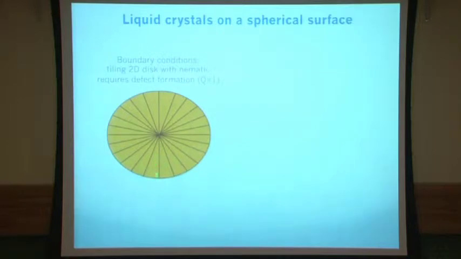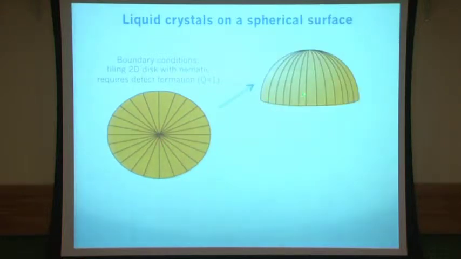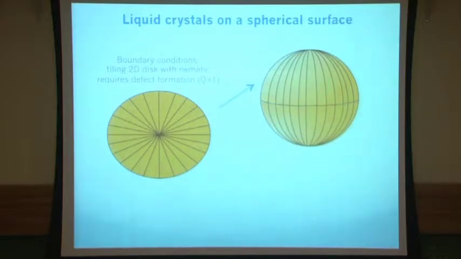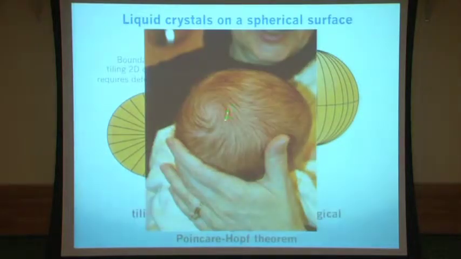If this is my average alignment direction of microtubules, I can tile microtubules like this, or in this direction, but I need to have a total topological charge of +1. Now if I take this thing, I can fold it into a hemisphere and make another hemisphere, and then bring these two hemispheres together, and then I have two defects at the poles that have a total topological charge of +2, and that's shown over here.